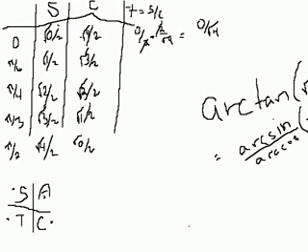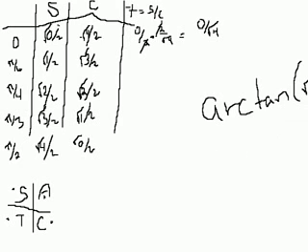Basically, to find arctangent, we're going to have to look at sine over cosine. So what this means is that the tan of some angle is the square root of 3. And if you want it to be a fraction, it's the square root of 3 over 1.